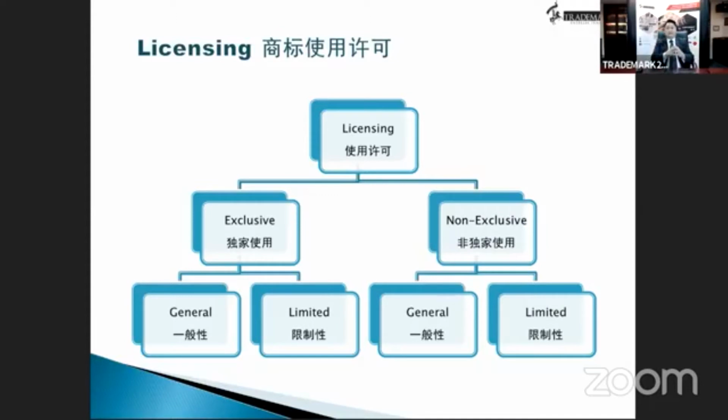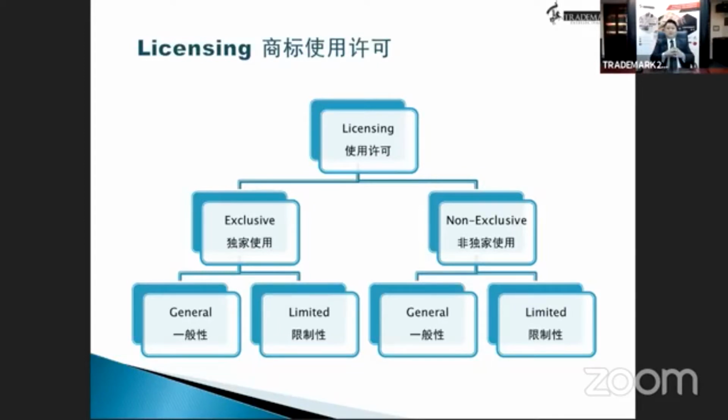Fine, let's come back to licensing. Now, you have fantastic ideas. You have a registered trademark, and maybe you run a few very successful business ventures, and then you would like to expand your business by licensing out.